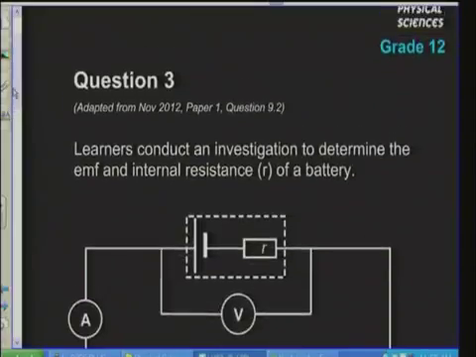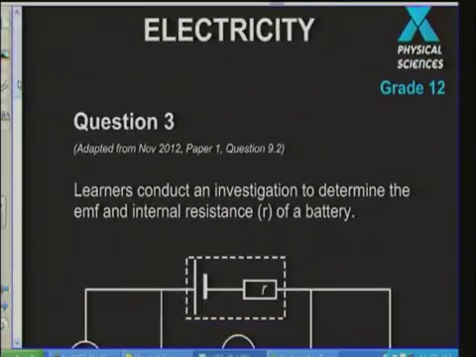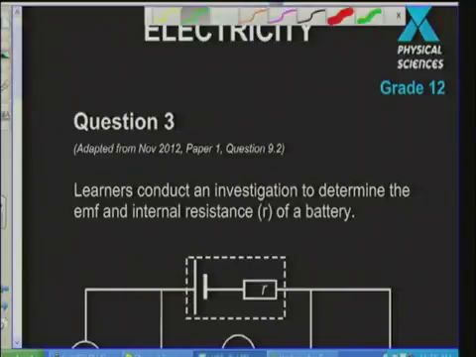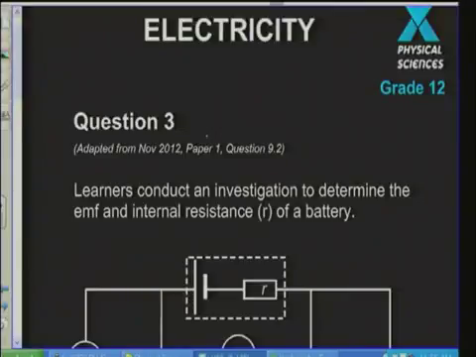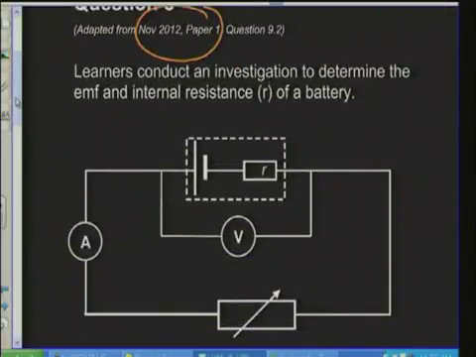All right, now, moving on. We're coming to question number 3. Question number 3 says here, this is from the November 2012 paper 1 as well, 9.2. It says, learners conduct an investigation to determine the EMF and the internal resistance of a battery, okay?